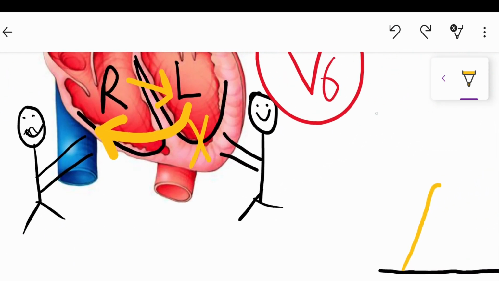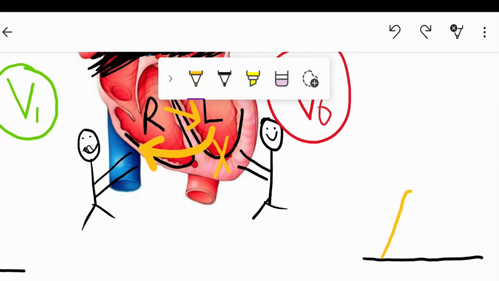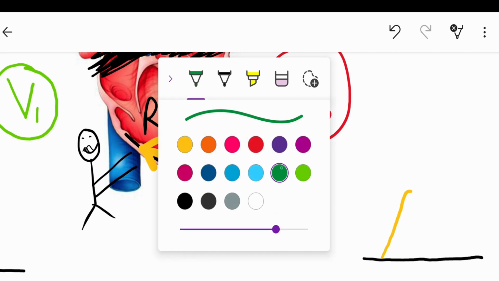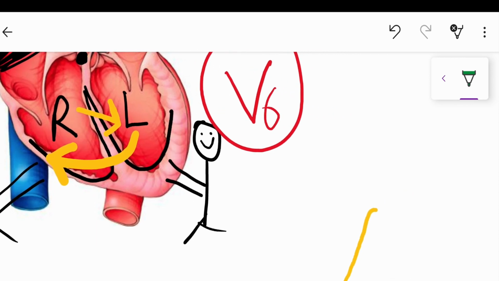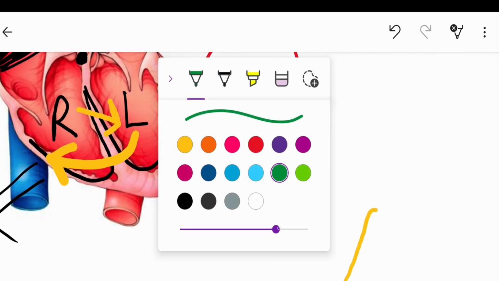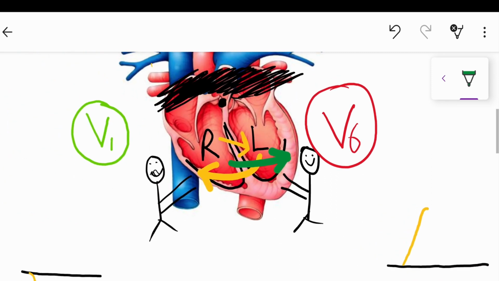Now, as always, the opposing ventricle comes back online. So this guy wants his wave back, so he gets it given back to him, and then if we look in the perspective of V1, we're going to get a negative deflection.